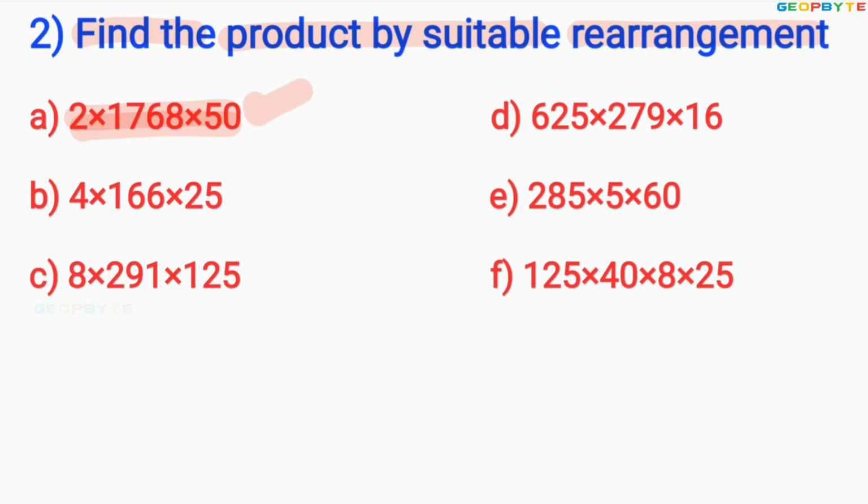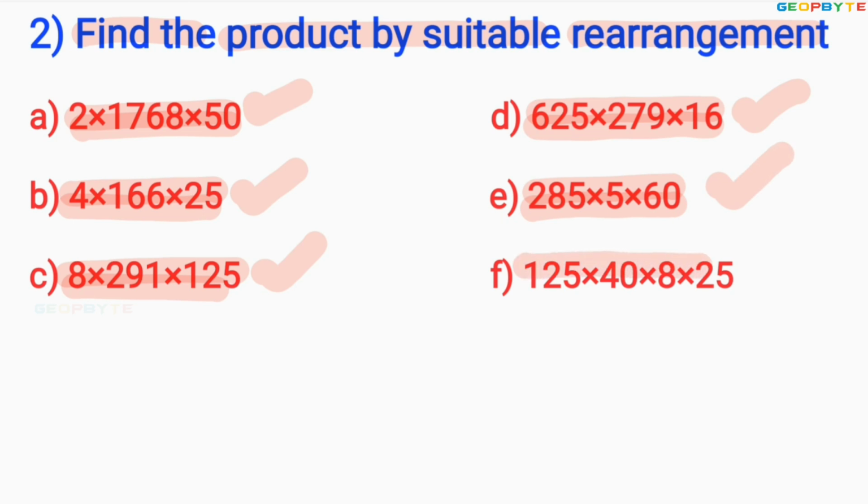Bit B, 4 into 166 into 25. Bit C, 8 into 291 into 125. Similarly, look at the bit D, 625 into 279 into 16. E, 285 into 5 into 60. F, 125 into 40 into 8 into 25.